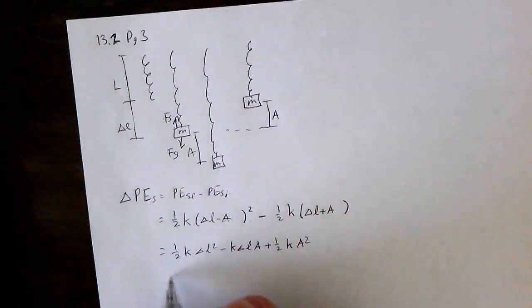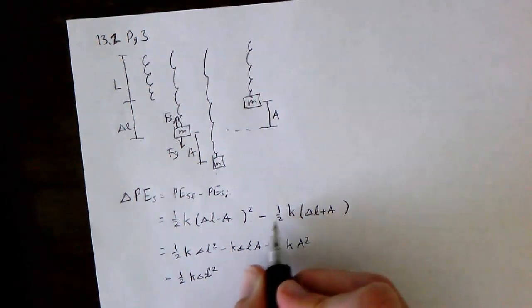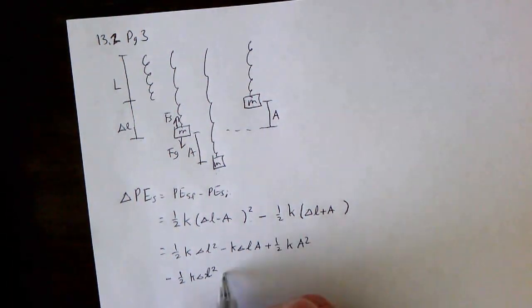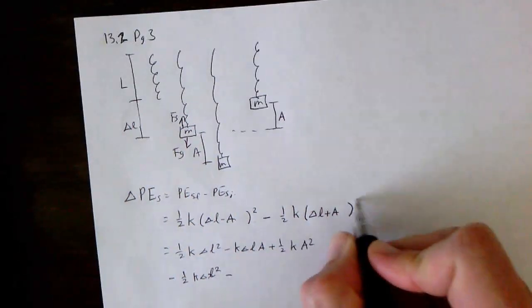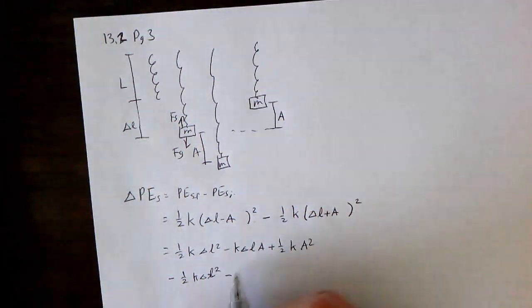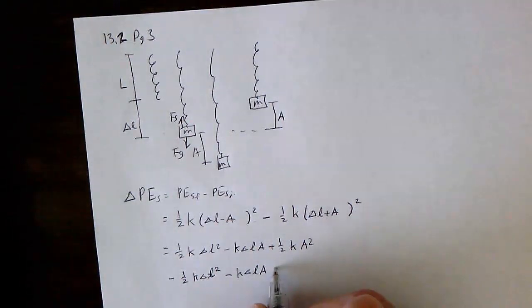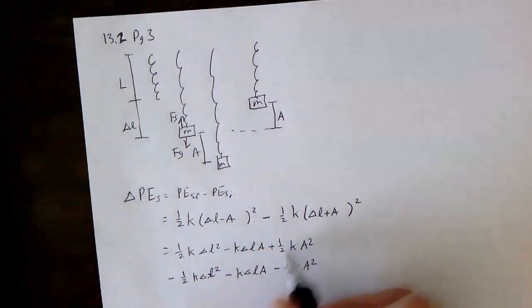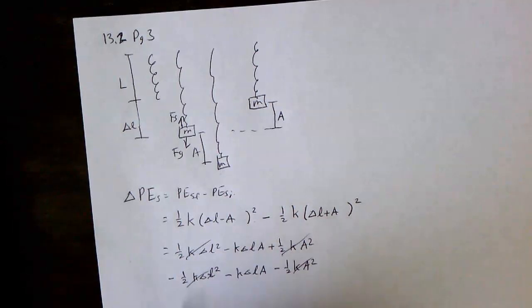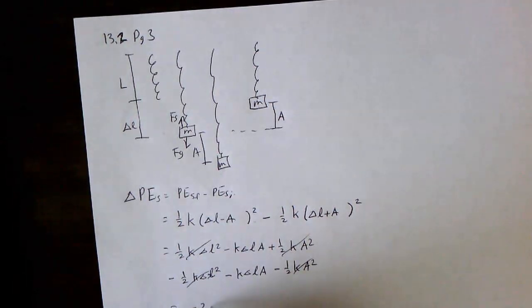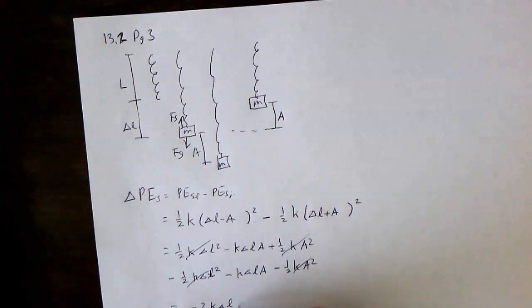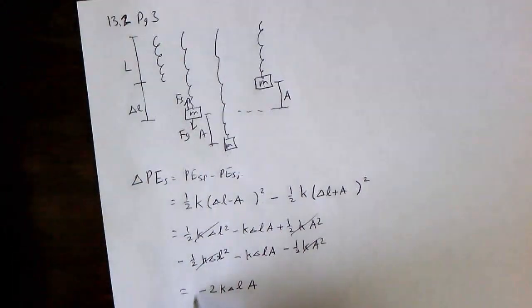And then I'm just going to subtract all of this: 1/2 K delta L squared, minus 1/2 times 2 is 1 K delta L A, and minus 1/2 K A squared for the last term. So you'll see these cancel out, and we end up with minus 2 K delta L all times A. That's the change in potential energy.